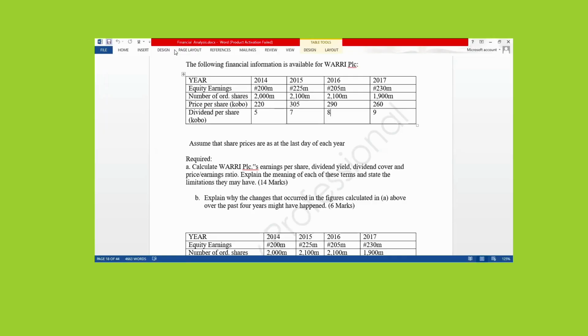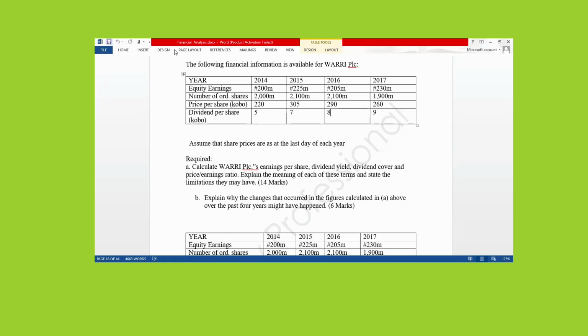In carrying out your evaluation, you may be required to do peer comparison. You are comparing one company with another company. For example, we can compare the financial performance of Zenith Bank with that of First Bank.